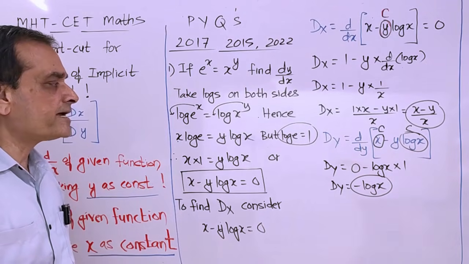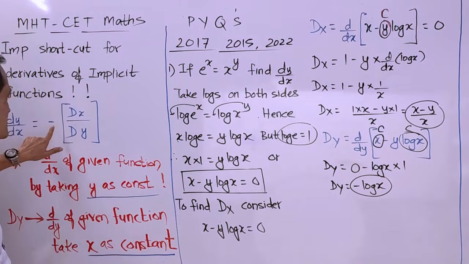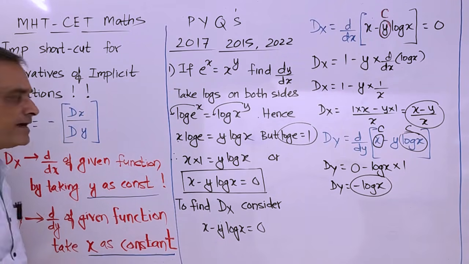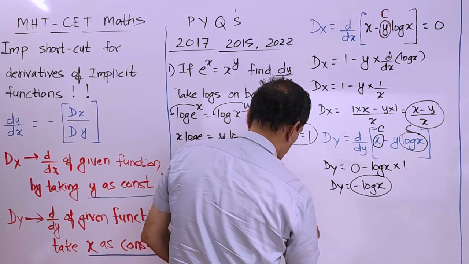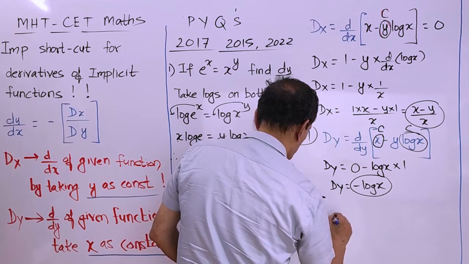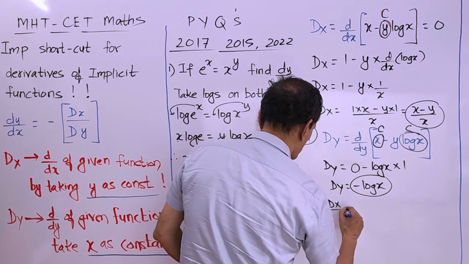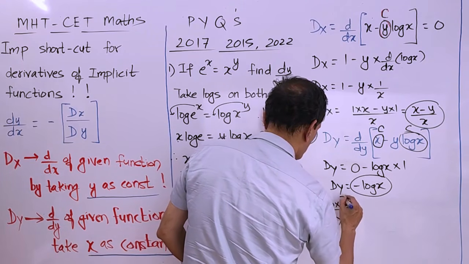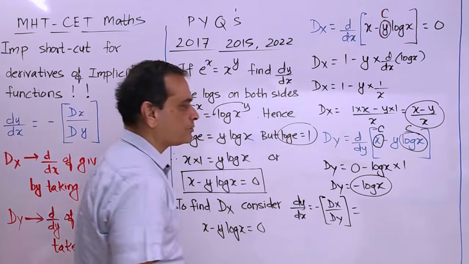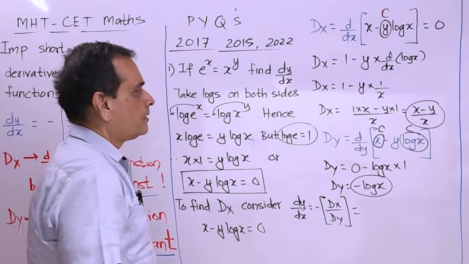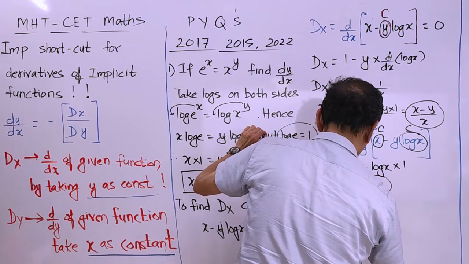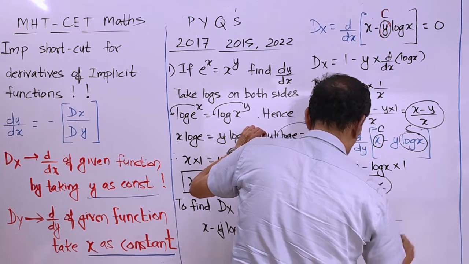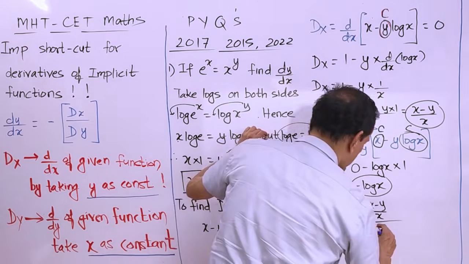So after finding out dx and dy, the answer is dy by dx is minus dx upon dy. Just substitute the values. dx is (x minus y) upon x. dy is minus log x.